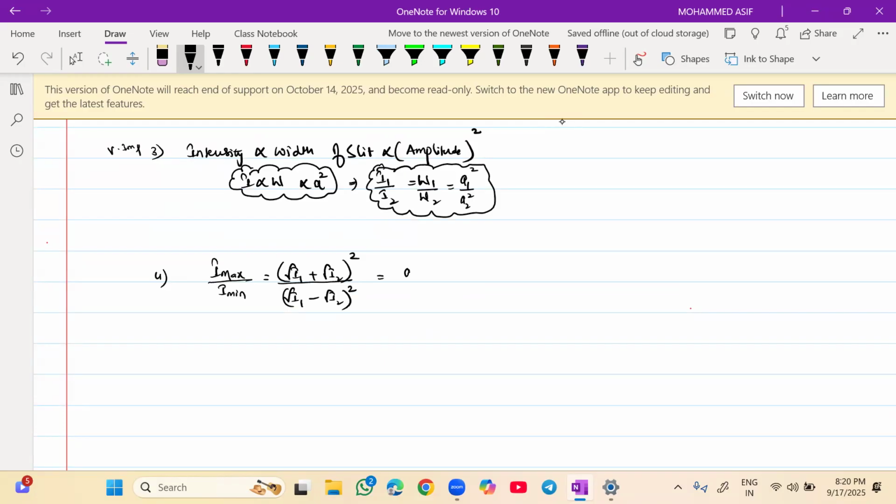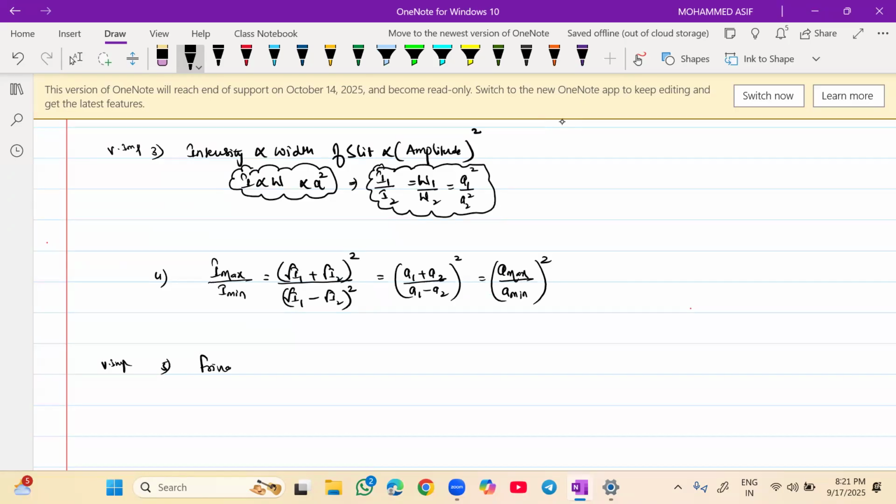In terms of amplitude, it is A1 plus A2 divided by A1 minus A2, the total whole square. So it can be written as A max divided by A minimum, whole square. These will be the relations. Am I clear? And one more very important point, fringe width.